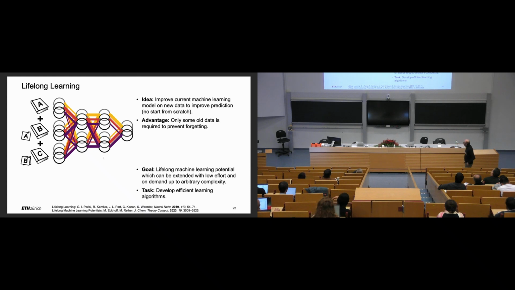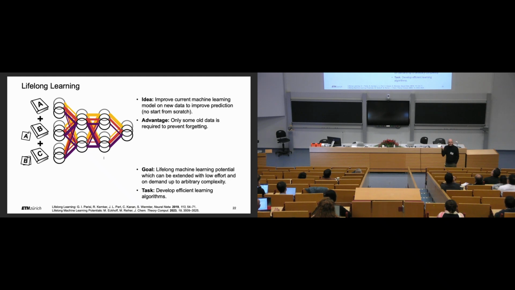Instead, we propose something that is along the lines of lifelong machine learning. The idea is that we initially have some data, and this is actually the situation that we face in the exploration of reaction mechanisms. So initially we have some data, and we can parameterize the machine learning potential on that data, and then we will see new data.